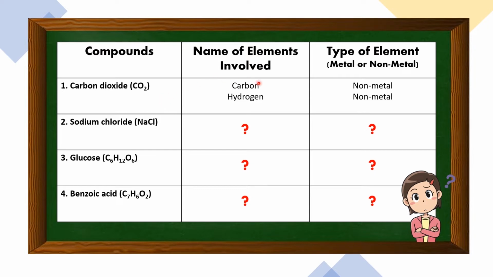So carbon dioxide is composed of 2 elements, carbon and hydrogen. And on the third column, carbon is a non-metal and hydrogen is a non-metal also. So that's the instruction for this recall. You can pause the video while doing this simple task.